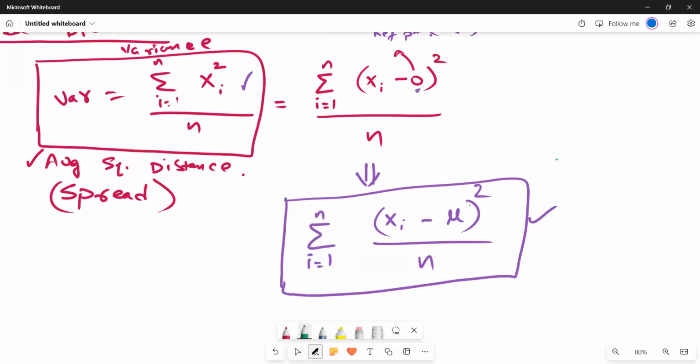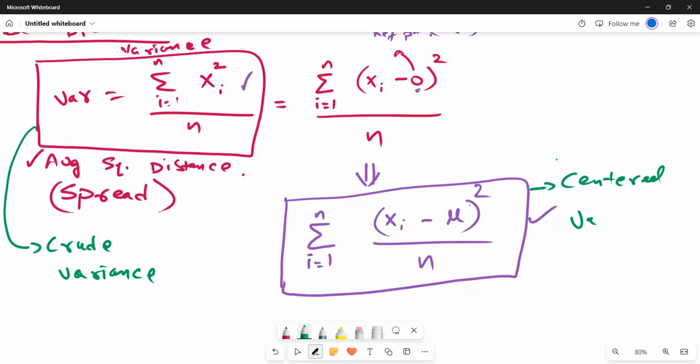Let's take green. This particular formula is referred to as crude variance, and this particular formula is called centered variance.